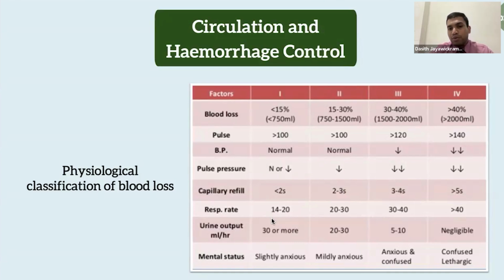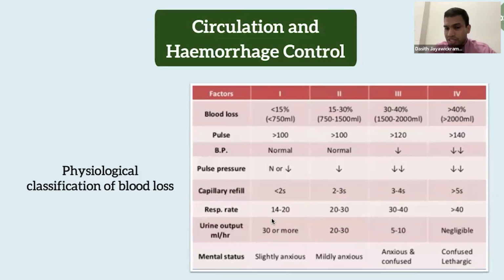But when it comes to class 2, that means 15 to 30% of total blood volume loss, tachycardia is well established, above 100. But still the systolic blood pressure is normal. As I said, there's vasoconstriction happening, so the diastolic blood pressure increases and the systolic blood pressure stays the same. Compensation is ongoing.